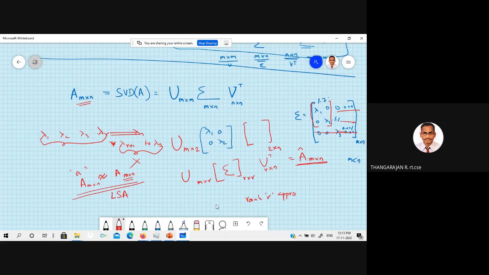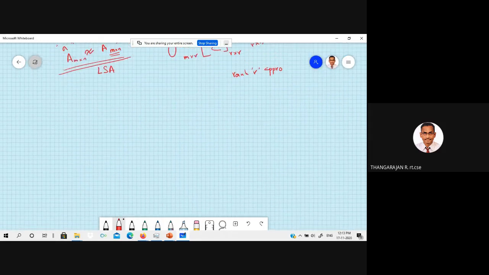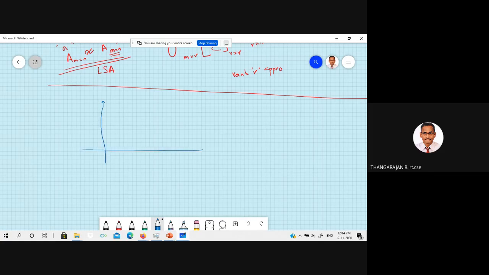So here you see, say for example you have 2-dimensional data. I will call the axes x1, x2, and the data is here.